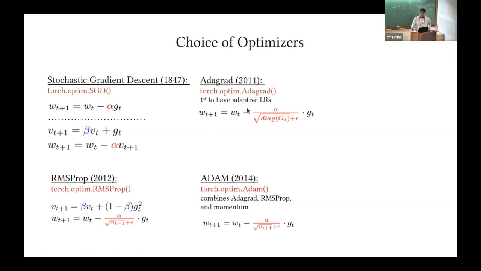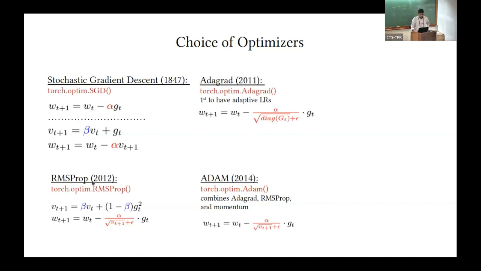The good thing about ADAGRAD is that instead of a fixed learning rate alpha, it uses a variable learning rate, which changes with every step. It uses the trace of the gradient matrix and adds a small perturbation epsilon. When initializing the optimizer, you set alpha, which is the maximum learning rate, and it will scale alpha accordingly. Then it multiplies that with the gradient and makes the parametric updates.